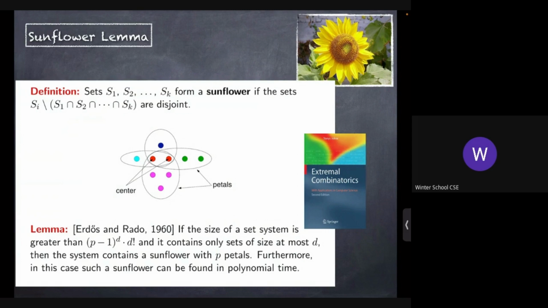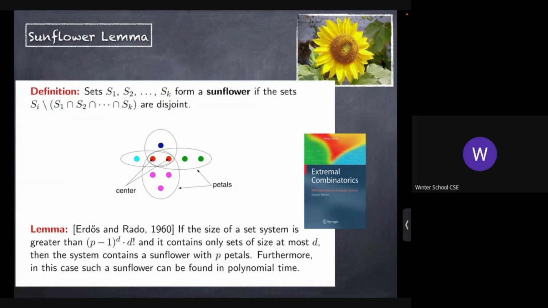This is a sunflower. And the beautiful lemma of Erdős and Rado from the 1960s says that if the size of the set system is greater than (p minus 1) to the power d times d factorial, where every set is of size at most d, then this set system should contain a sunflower with p petals.